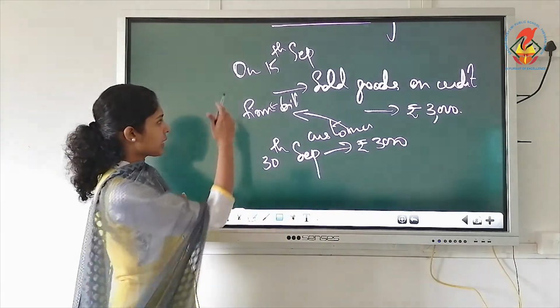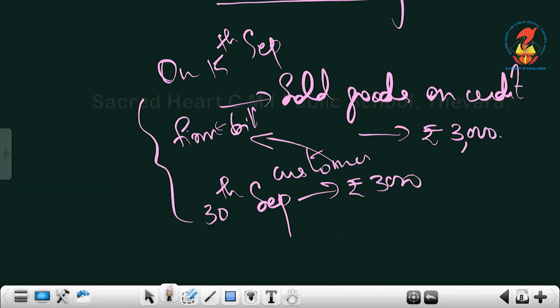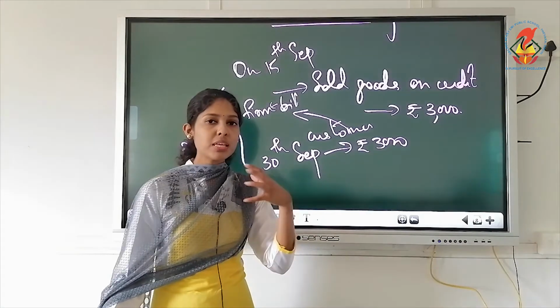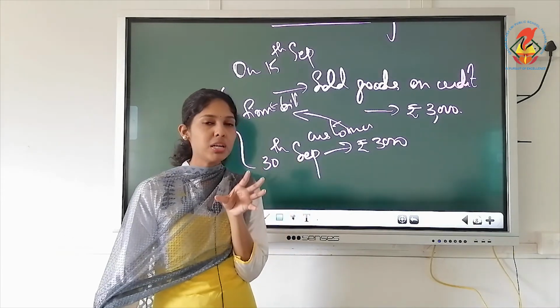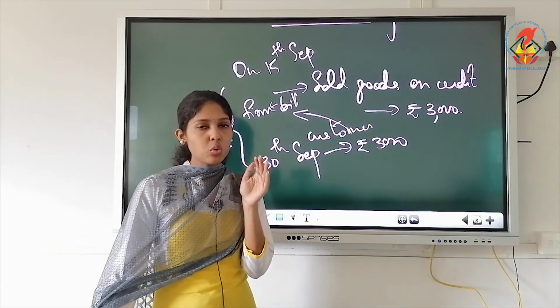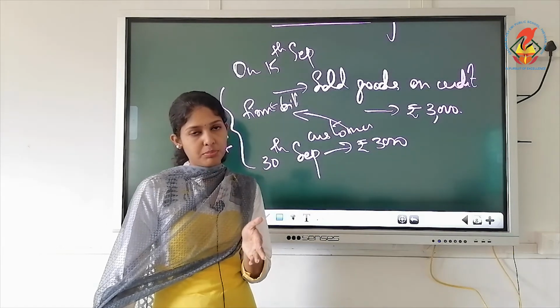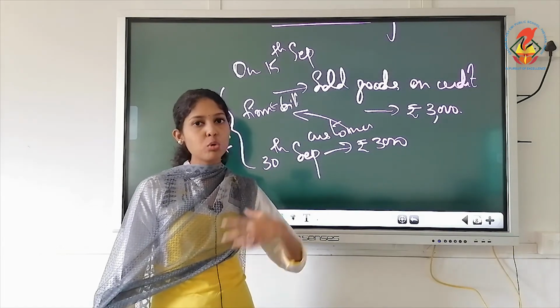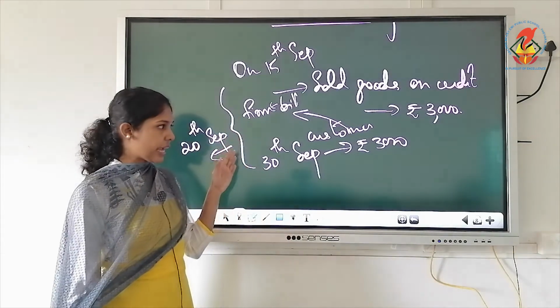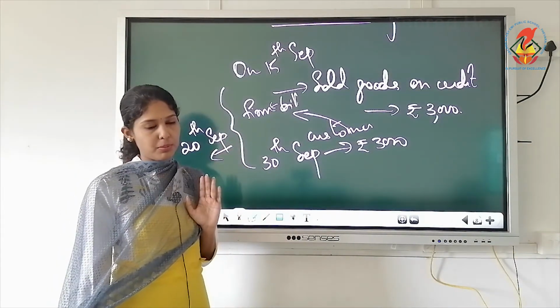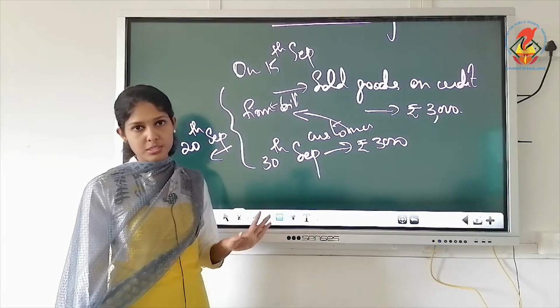But during this period, suppose on 20th September, firm needs this amount. 3000 is just an example. Can the firm go and ask the customer to pay 3000? No, because the agreed date is on 30th September. He will make the payment only on 30th September.